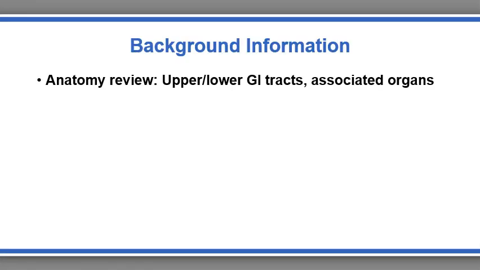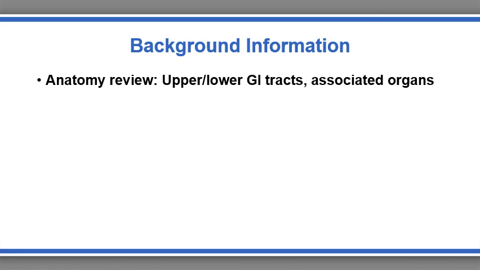So, background information. Again, review the anatomy, which we discussed in depth in the pathology talk. We have the upper and lower gastrointestinal tracts and the associated organs. The upper GI is everything from the oral cavity through the duodenum, and the lower gastrointestinal tract is from the rest of the small intestine through the anus.